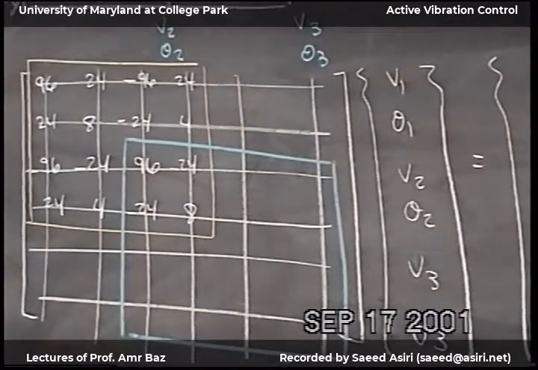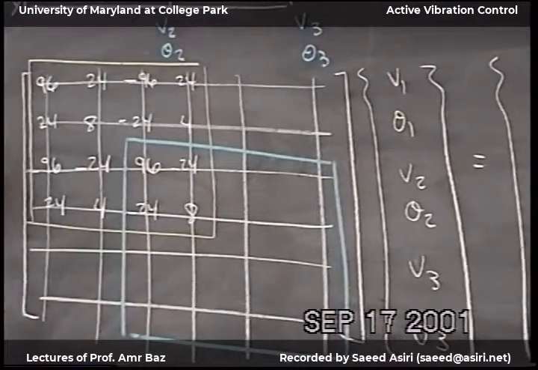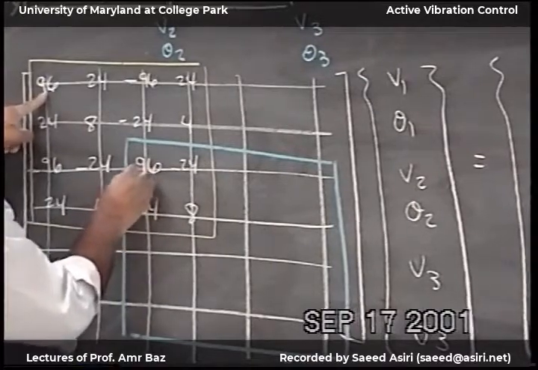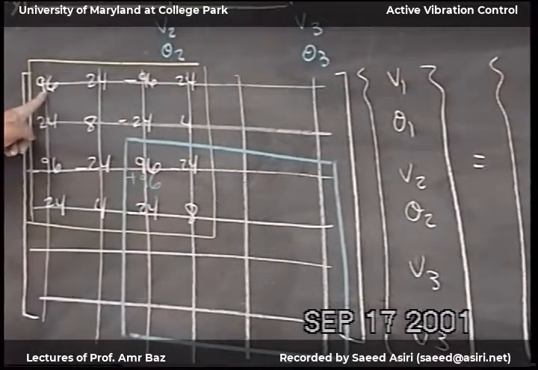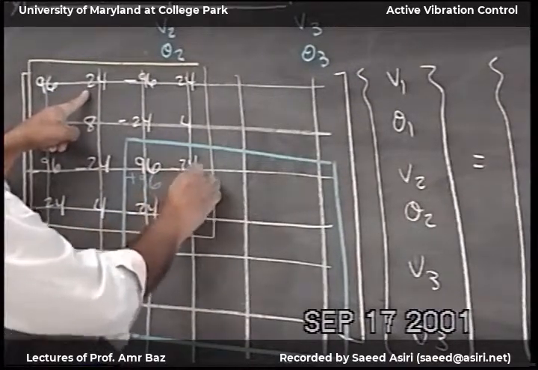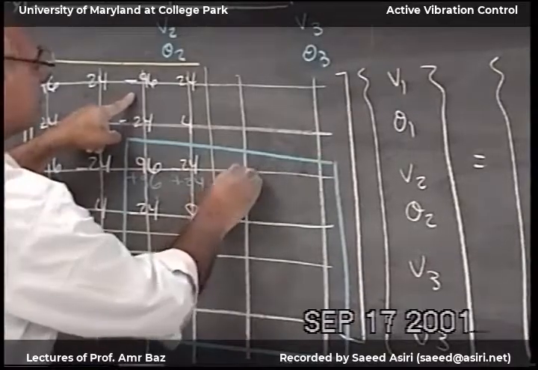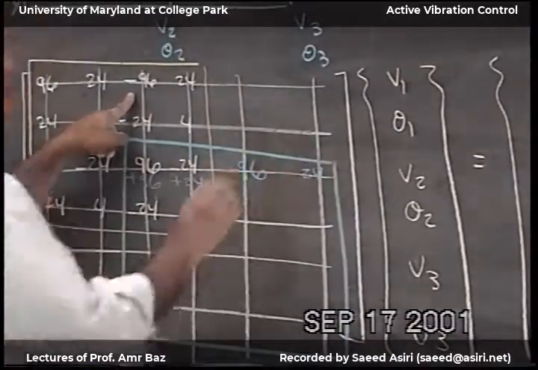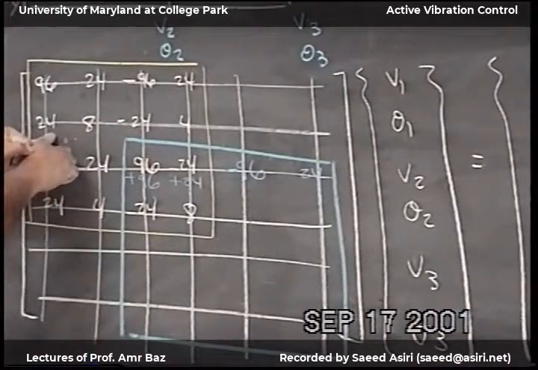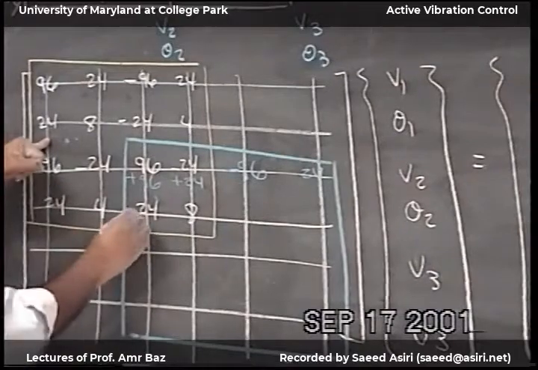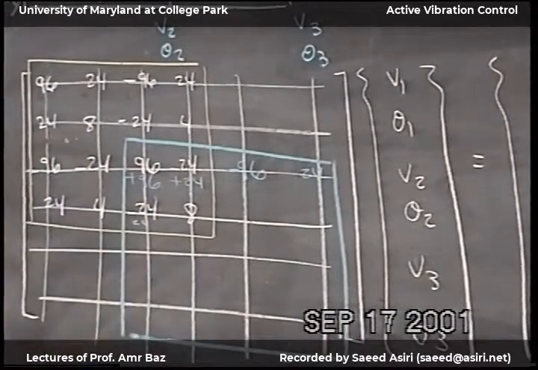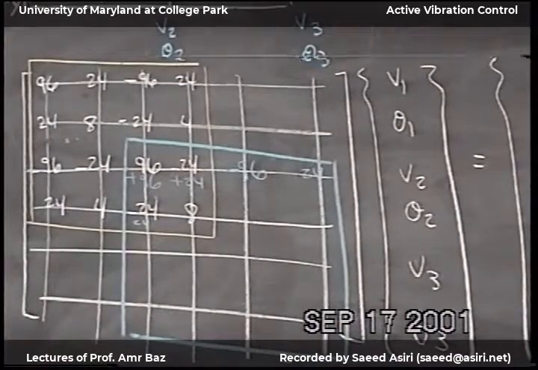Now when it fits on the blue block, I have 96 here and 96 here. So I have superposition. I have 24 here and I have minus 24 here. Superposition. And then I have minus 96 and 24. The second row, again I'm going to slide them. So 24 will come here. The 8 is, is that 24 or minus 24?